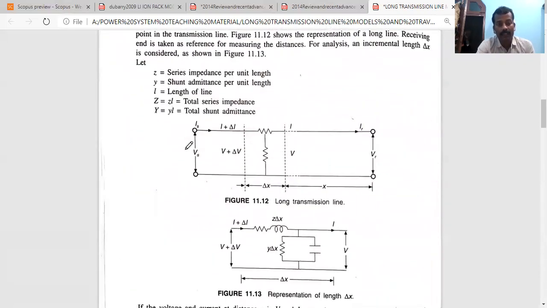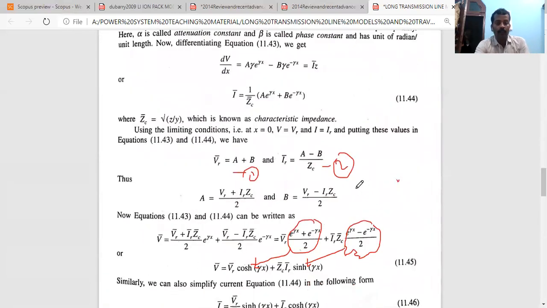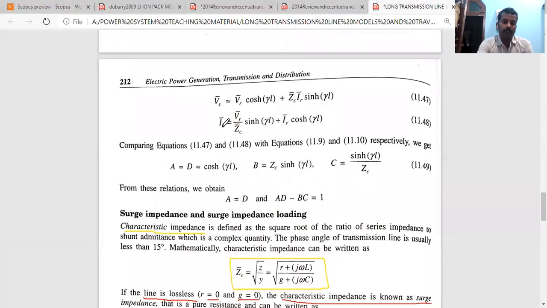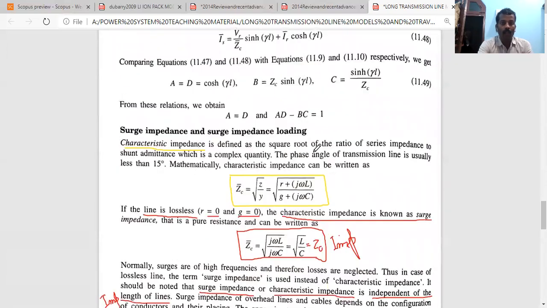At this point, the sending end voltage, this value of x will be equal to L, the length of the transmission line, and we will get Vs and Is like this.